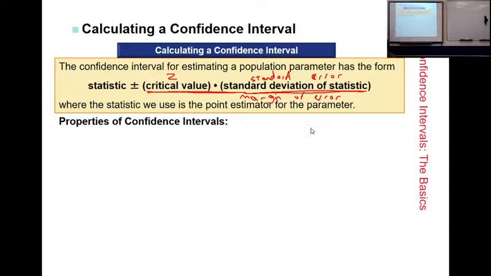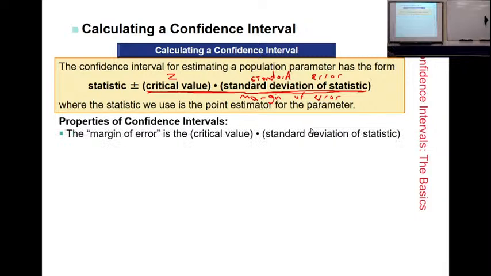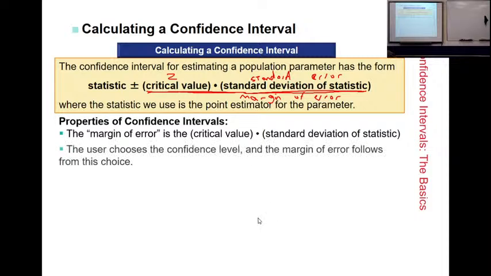All right, properties of confidence intervals. I already talked about that. Margin of error is the entire part after the plus or minus. We're choosing a confidence level ahead of time, usually in a problem.